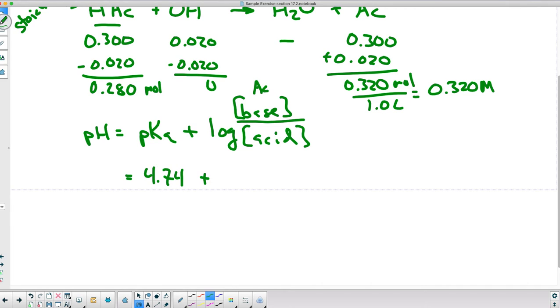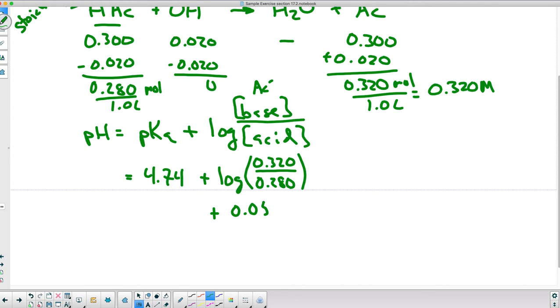Because that's what the acetate is. So that's going to be 0.32 on top divided by the acid, which is over here, divided by 1.0 liters. So that gives us the same number as the concentration. I take these two here as a fraction, and the fraction is larger than 1, so this is going to be positive.